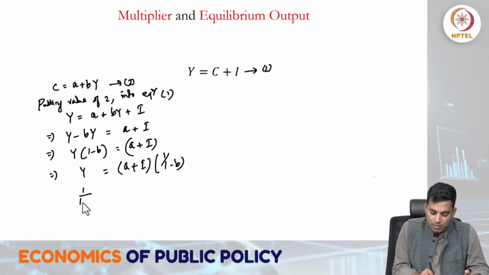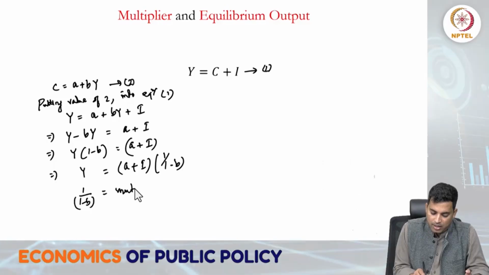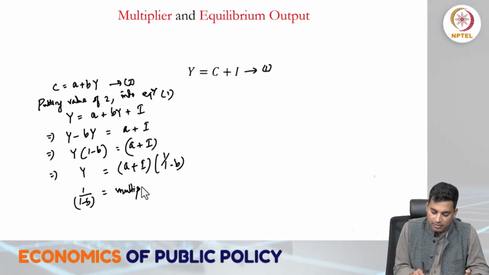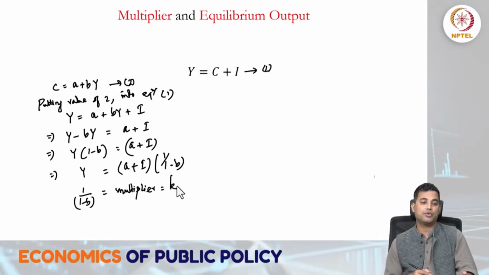So 1 by (1 minus b) is actually the multiplier. We can refer to it as small k.